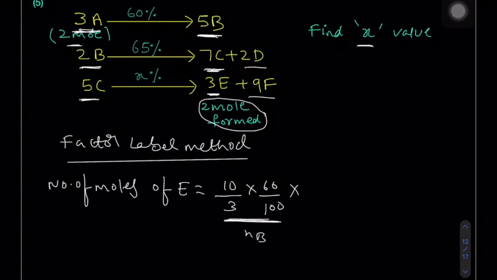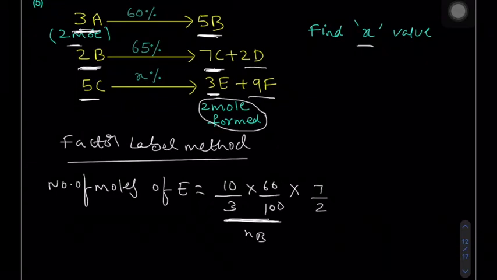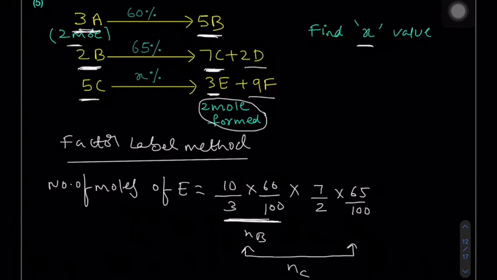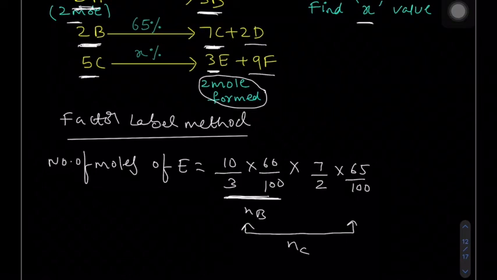Now in the second expression, 2 moles of B will give 7 moles of C. Now this much of number of moles of B will give how many moles of C? Again 7 by 2 into the percentage yield of the reaction. Now this will be the number of moles of C. From the third expression, 5 moles of C will give 3 moles of E. Then this much of moles of C will give how many moles of E?